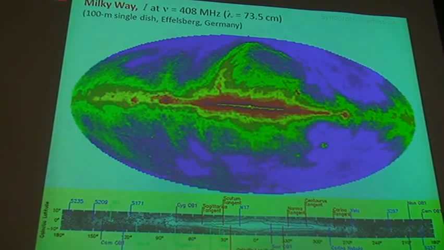So, this is the galactic plane, the Milky Way as we see it across the sky. This is the galactic center. You see the absolute maximum of intensity from the galactic center. This is the local spiral arm. Here we sit in the spiral arm, right? If this is the Milky Way, there are spiral arms here, and here, and here.